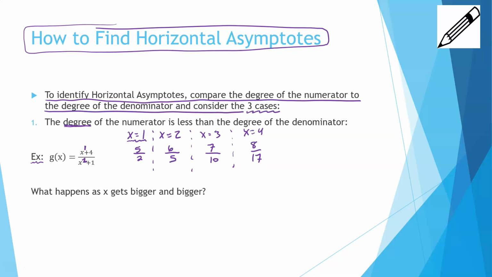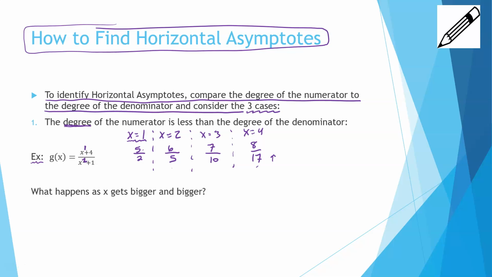What I can see is that as x gets bigger and bigger and bigger, the denominator gets bigger compared to the numerator, right? So my denominator is increasing, but my numerator is increasing as well, but slower. The numerator is going up by 1. The denominator is going up by 3, 5, 7, okay?